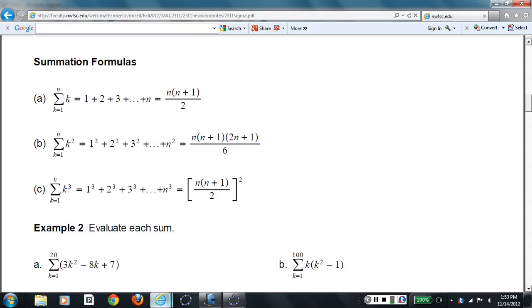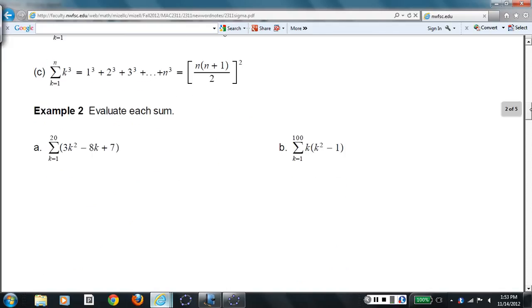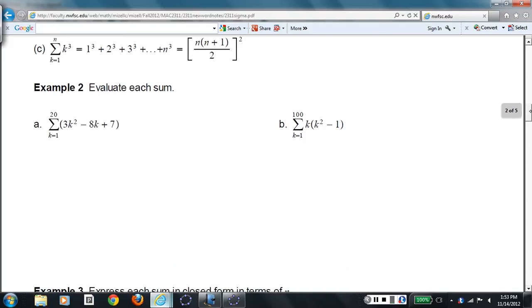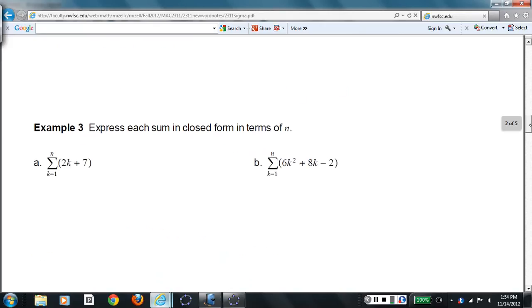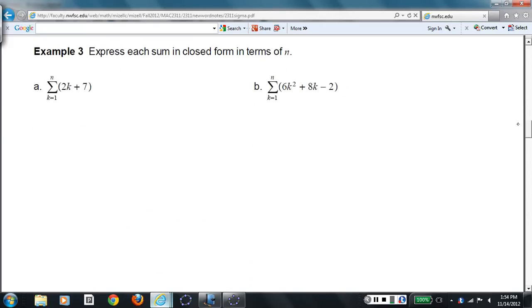There is an example I can think of where we might use one of these, but we may not, so I would keep moving. Of course, weren't there ways also to plug that into the calculator? Yes, there are nice ways to do this using the calculator. Evaluating the limit sometimes, if there's an unknown, we might not be able to do that with the TI-83s and 84s. Keep moving. Express each sum in closed form.